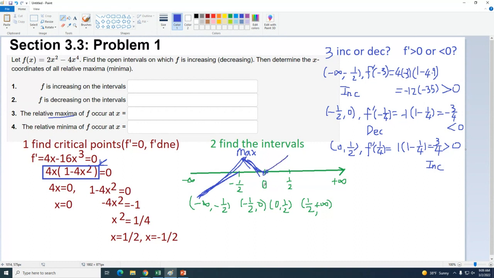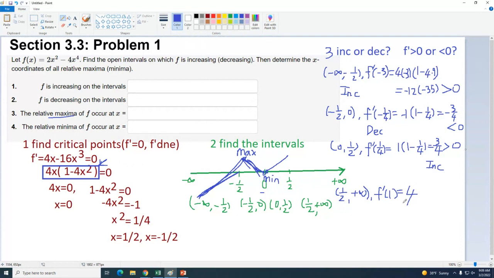So right here at 0, we must have a local minimum. The last interval is from 1/2 to positive infinity. And we can test a point. Which point do we test? 1. All right, so we'll do 4 times 1, which is 4.